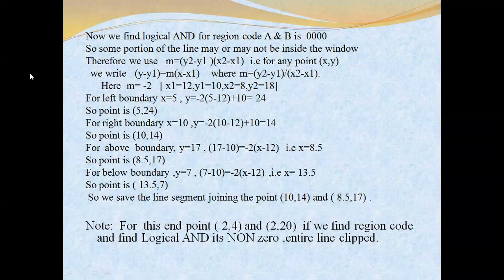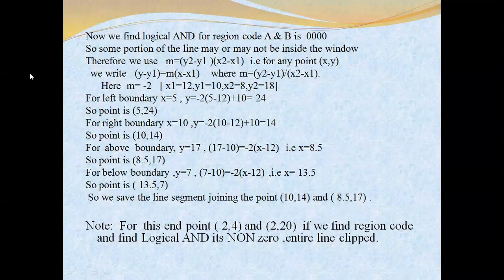There are 4 points: 5 comma 24, 10 comma 14, 8.5 comma 17, and 13.5 comma 7. Now we take the decision which point is inside the clipping window and which is not inside the clipping window.